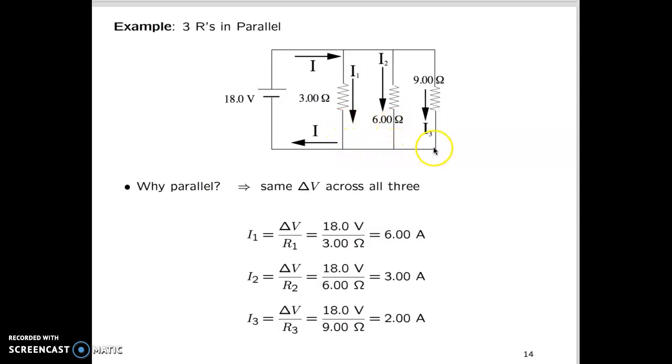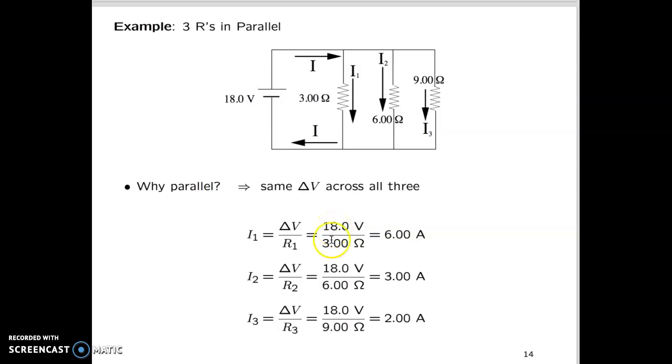For potential, it doesn't matter if I go across branch points. It's only for current where that does matter. So the 18 volts across this battery must be the same as 18 volts across each of these three resistors. So the potential difference across resistor R1 is 18 volts.